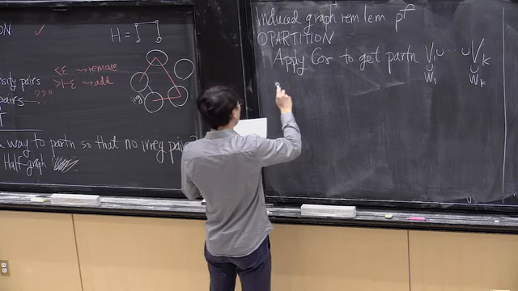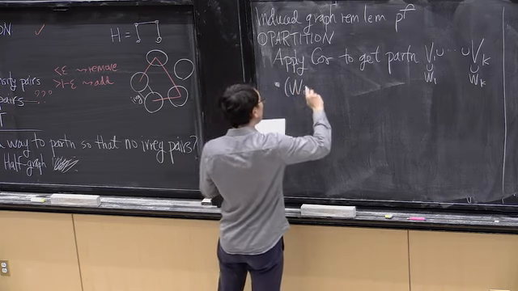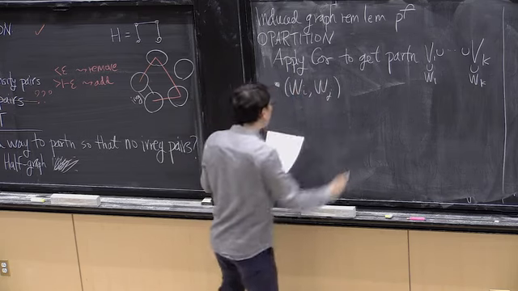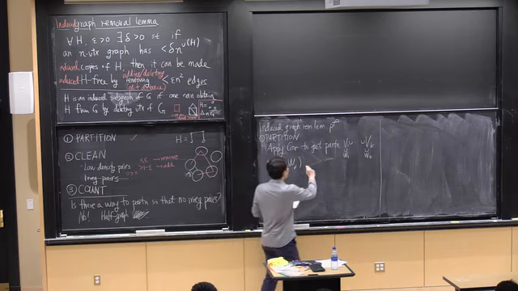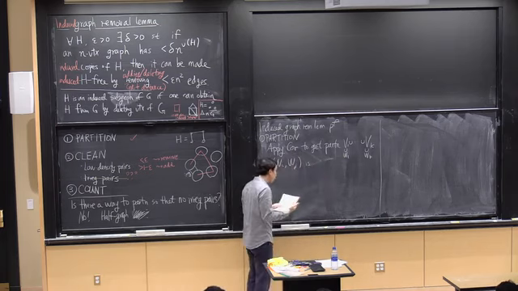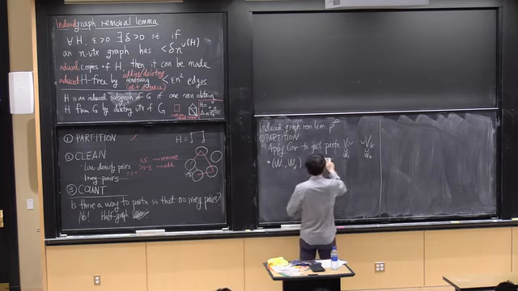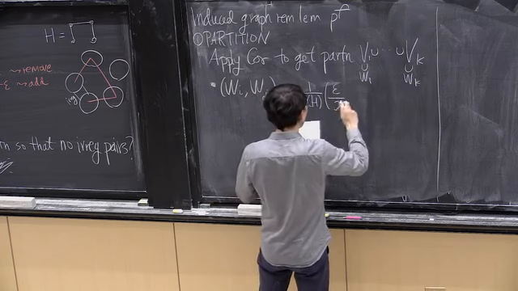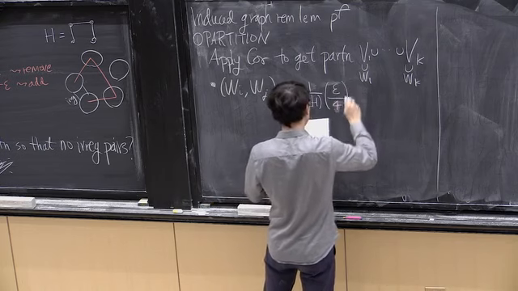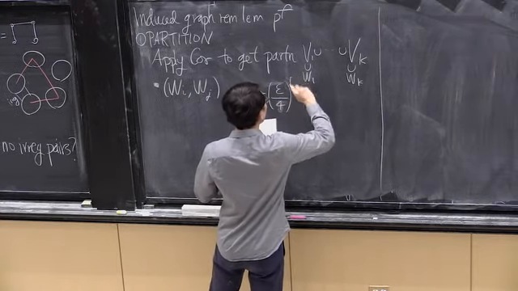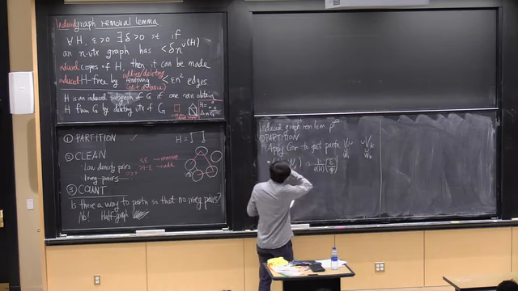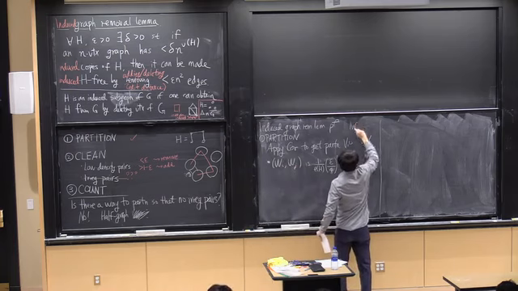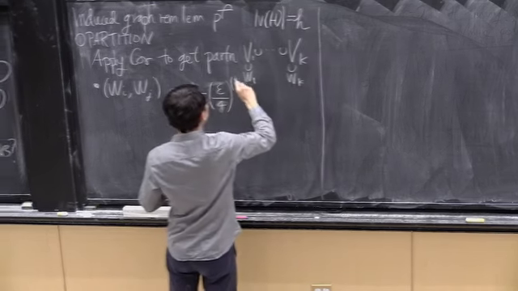satisfying the following properties: that each Wi, Wj is regular with the following parameter, which will come out later when we need to use the counting lemma, but it's some number, but don't worry too much about it. So let's say H has little h vertices.